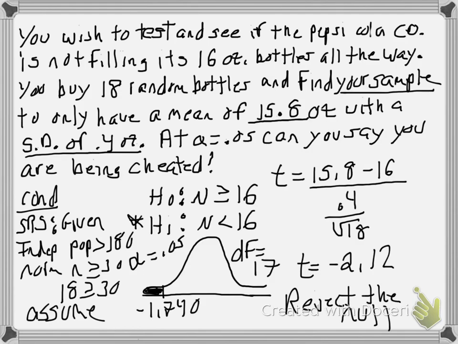Now we aren't done yet, okay? So I've got to go and write my conclusion. We rejected the null. So if we reject the null, that means therefore what? We do or do not have enough evidence. Reject, we do have enough evidence. Fail to reject, we don't.